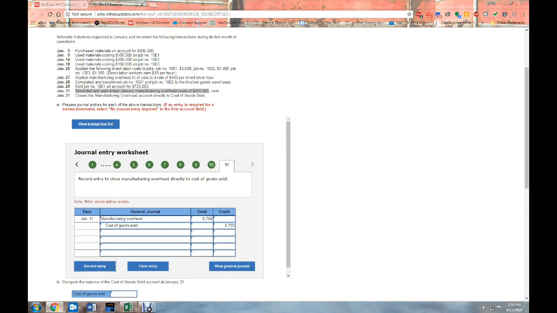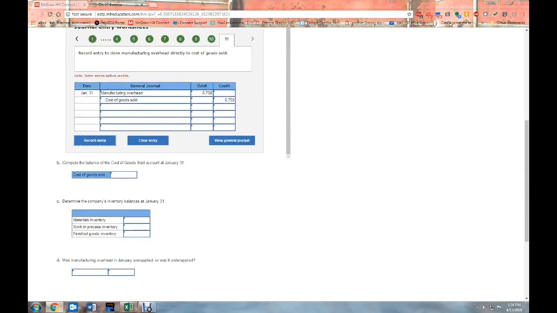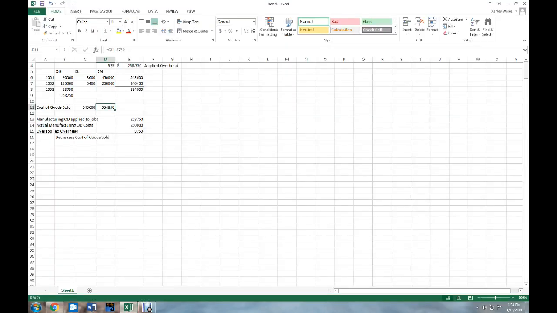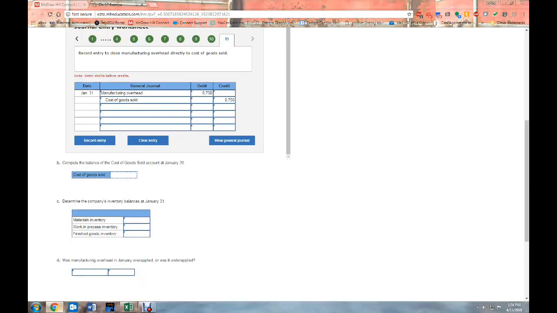Okay. So that adjusts our manufacturing overhead account for that over applied overhead. Our cost of goods sold account decreases by $8,750 because we over applied. So our cost of goods sold is that adjusted number. So go back and review. So what we would have applied, subtracting out that over applied overhead, that $8,750. That has to be the balance in our cost of goods sold account as of January 31st.